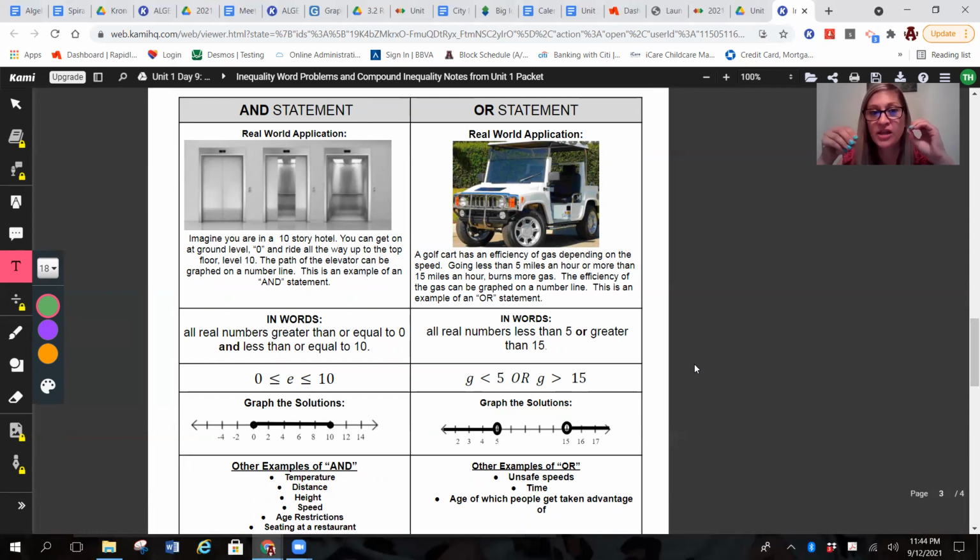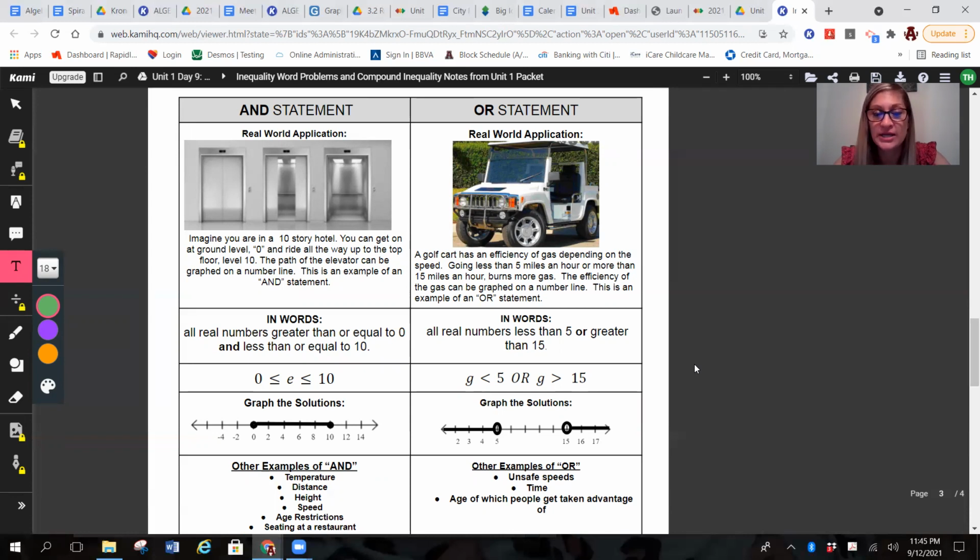They can hop on the elevator and ride between 0 all the way up to 10, the 10th floor. So in words, we would say your solutions are all real numbers greater than or equal to 0 and less than or equal to 10. That's the path of the elevator.